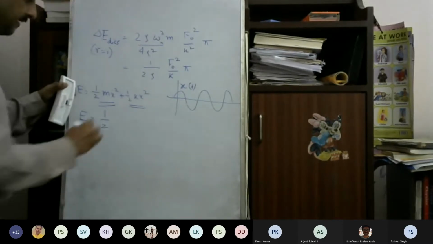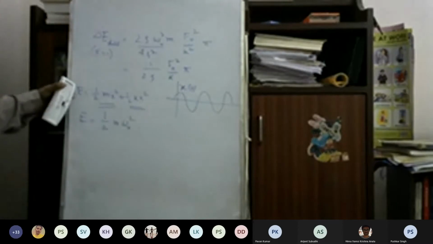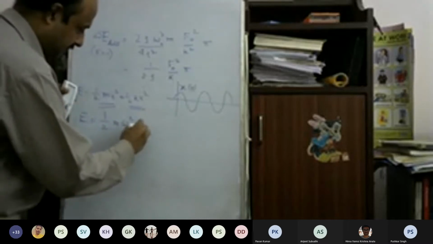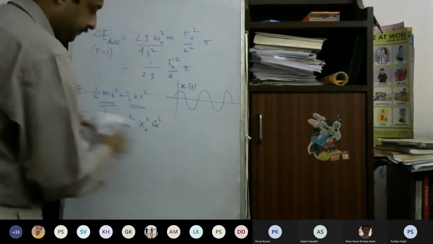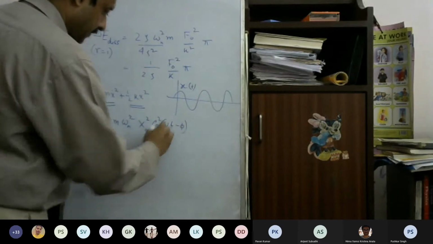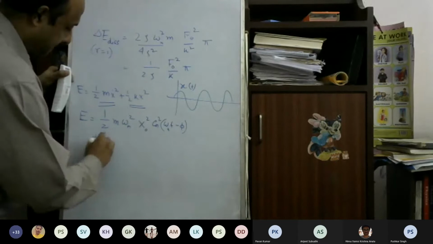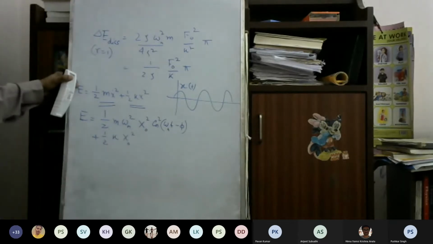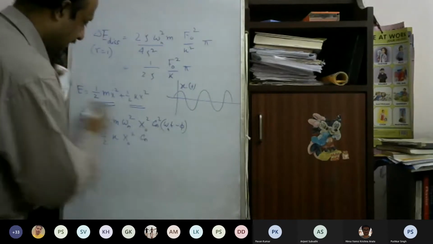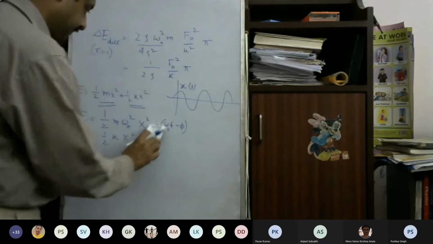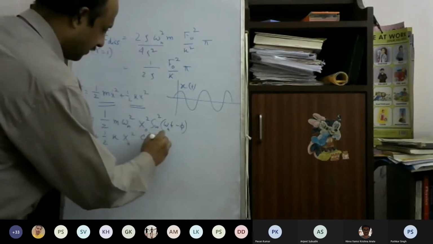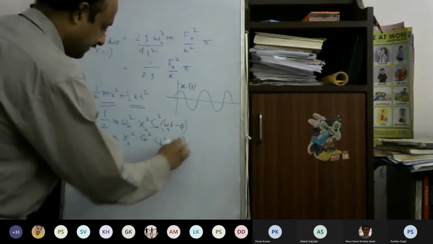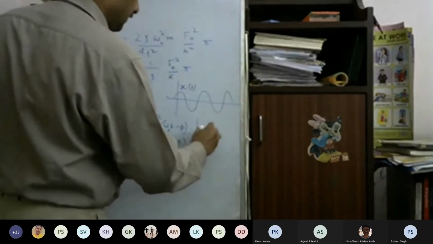Suppose I consider half m omega n square, and x dot will be equal to x naught square cosine square omega n t minus phi, plus half k x naught square, and this will be sine square omega n t minus phi, because I am assuming the response x equal to x naught cosine omega n t minus phi.